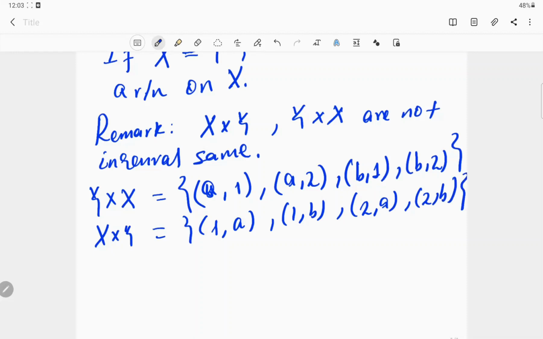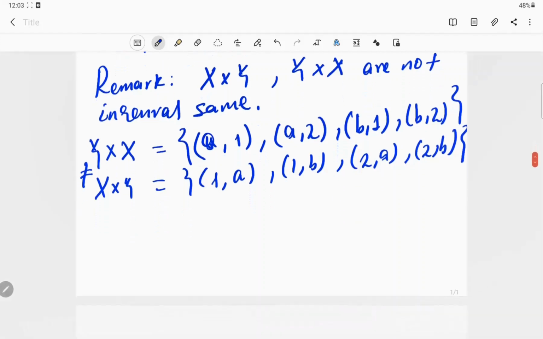For y cross x, we take the first element from y, so we have a1, a2, b1 and b2. As you see, these are not the same. But there may be some cases where both of them can be equal.